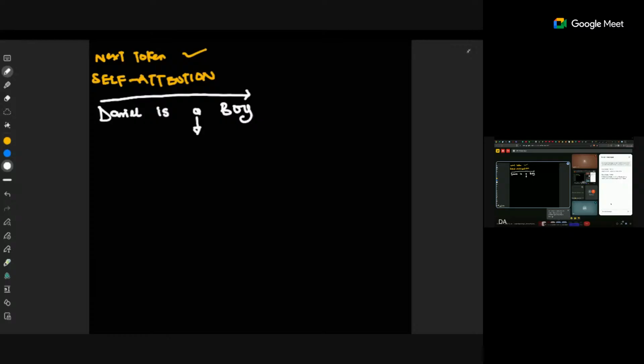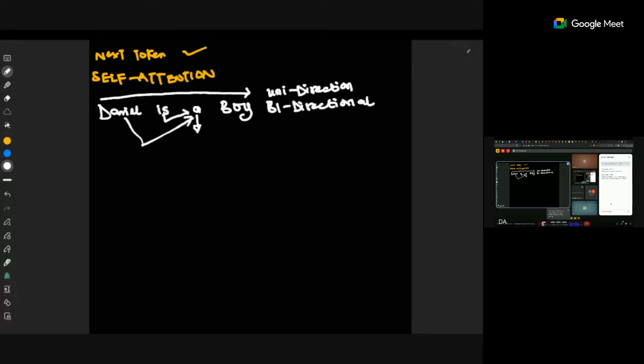Left to right is what we call unidirectional. There's something called bidirectional, and I'll explain it when I talk about the other subfamilies under the transformer architecture. But for now, let's stick with unidirectional, because English grammar is written or predicted from left to right. Which means that to predict the word "a", "Daniel" has to contribute to the prediction of "a", and "is" has to contribute to the prediction of "a".